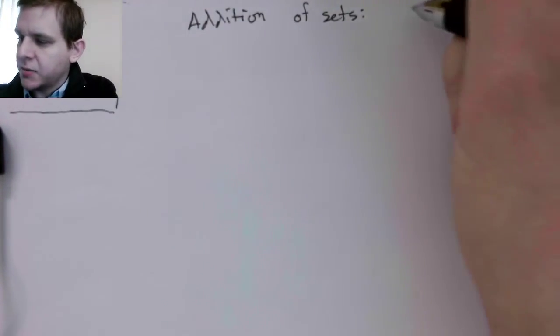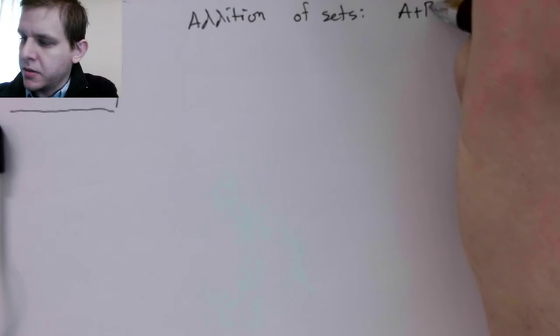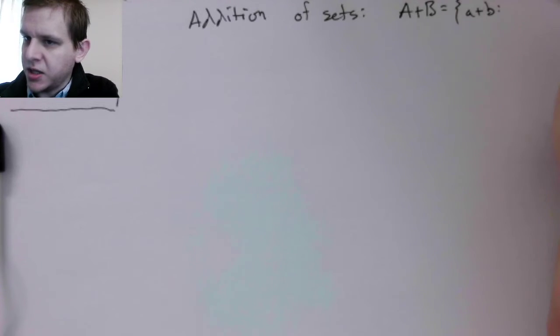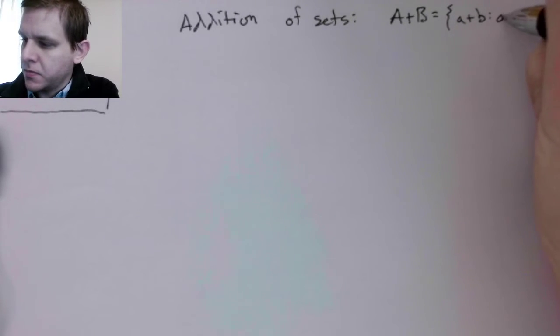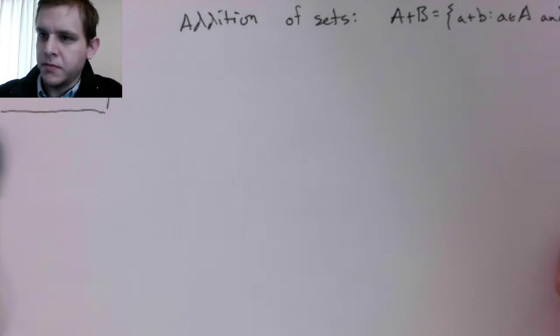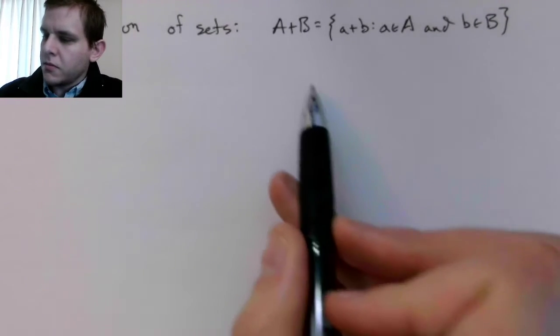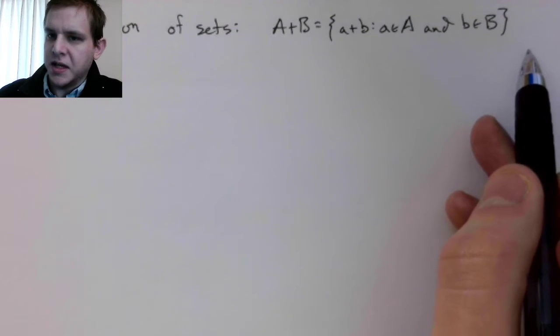We said that the sum of 2 sets A plus B is an arbitrary sum of an element of A plus an element of B. So little a belongs to big A, and little b belongs to big B. So here's our definition of set addition.